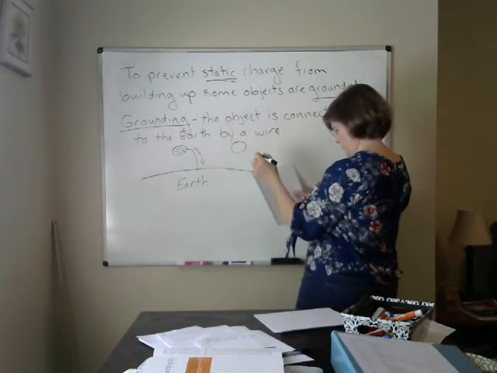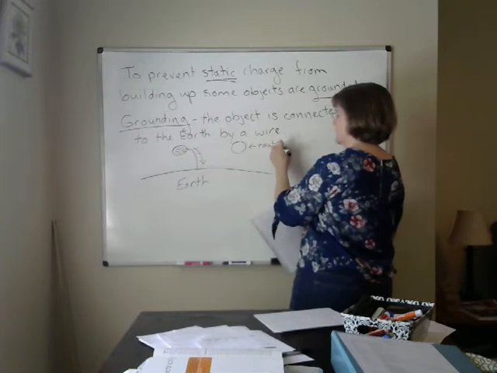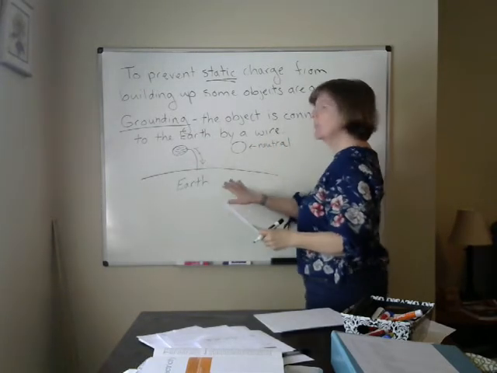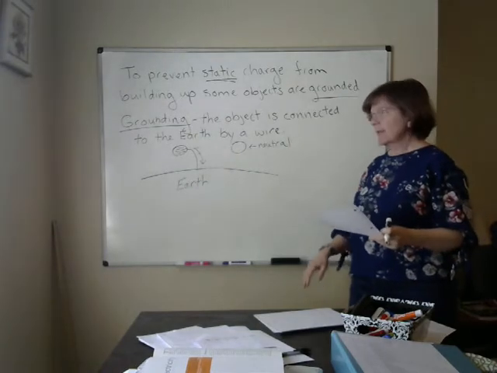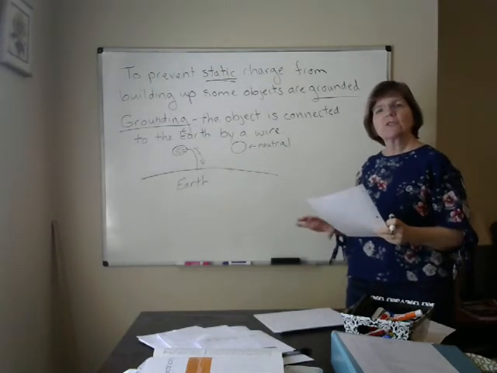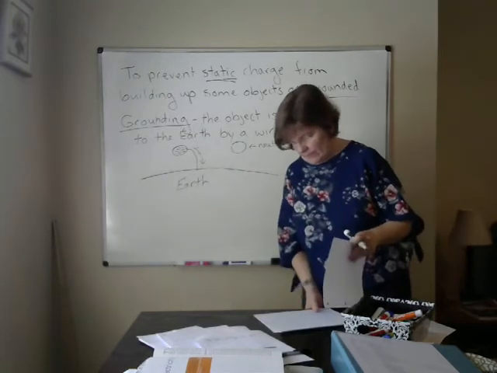This will end up neutral. And believe it or not, for practical purposes, the earth will still be neutral. I don't care if it gains 200 million electrons. It's so large, it's probably still neutral.